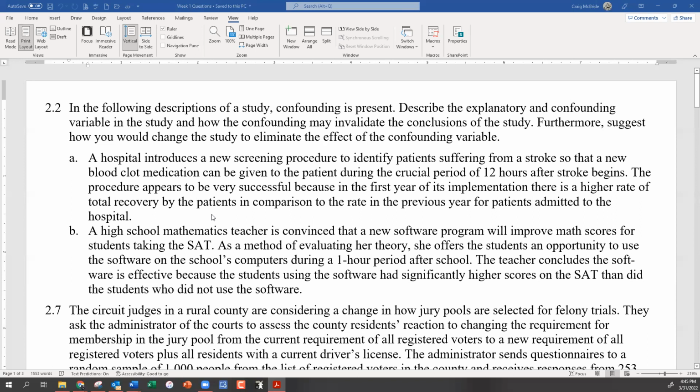But regardless, whether they did it pre and post or not, I think we can all agree that the self-selection bias is there, right? That's the obvious confounding variable. But yes, you could absolutely argue that their own aptitude would be a confounding variable, because nowhere in the description of how the study was presented did they control for that by doing a pre and post.